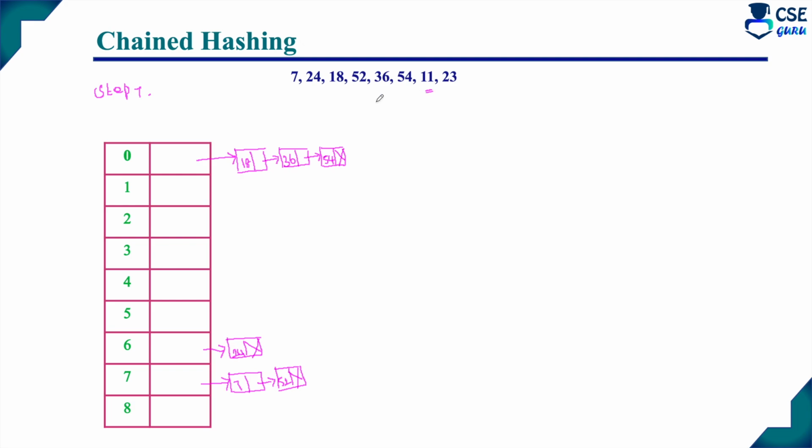Next is step 7. Consider the next element 11, and h of k is equal to 11 mod 9. Here you will get 2. So in the second memory location, place the element 11.